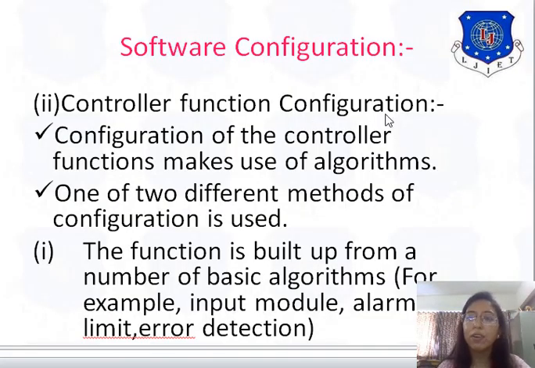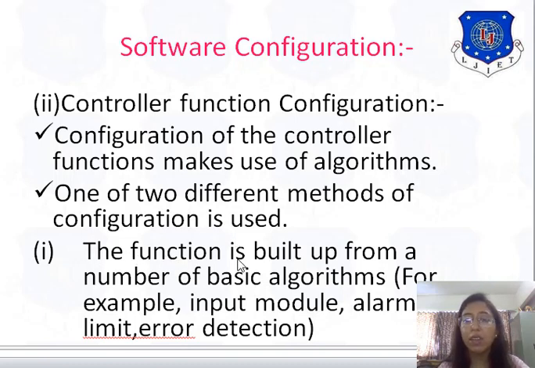In controller function configuration, configuration of the controller functions makes use of algorithms, right? Here we are using controller functions, right? So in this type of configuration, we are using algorithms. One of two different methods of configuration is used.